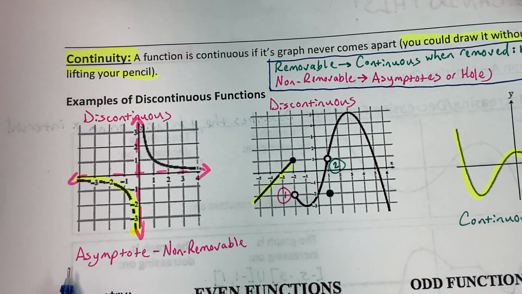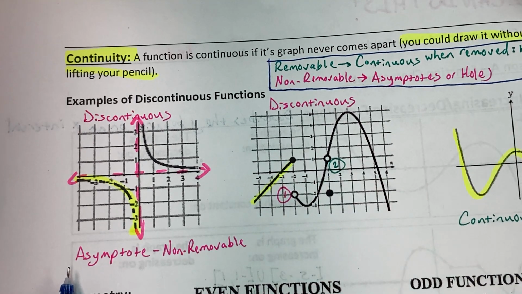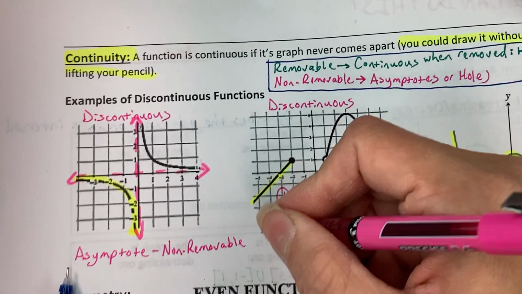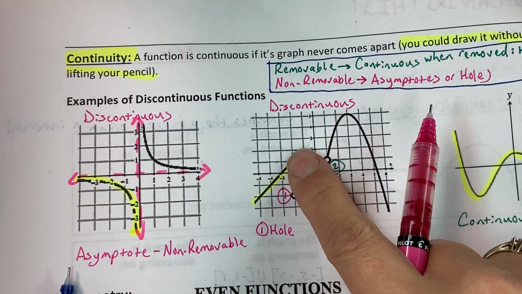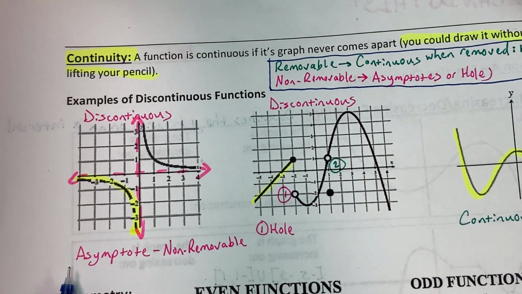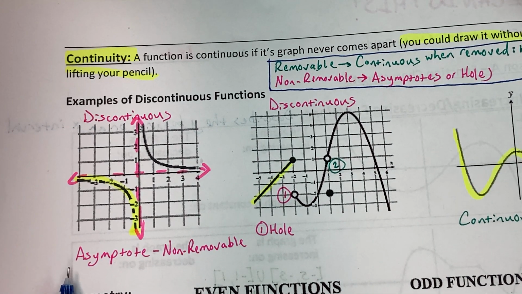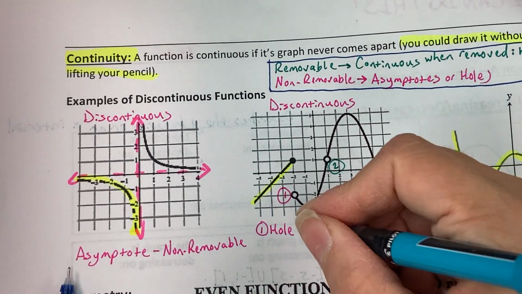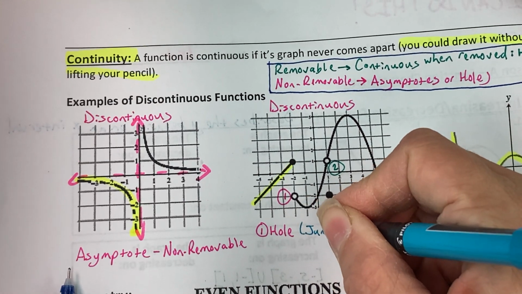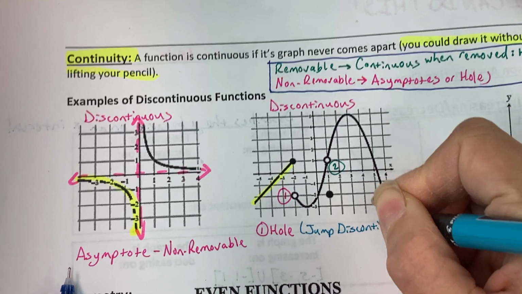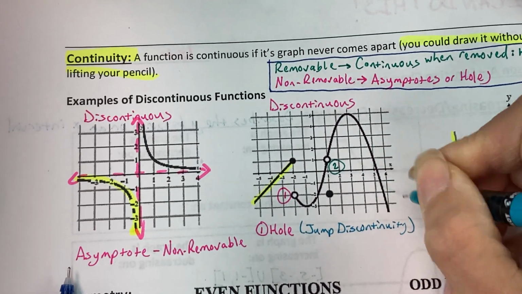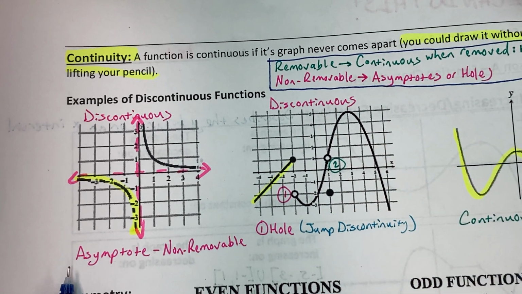So we're going to classify these two different discontinuities. The first one is a hole or an open dot. And this one we classify as jump discontinuity. And jump discontinuity is very common in piecewise functions. And it is always going to be non-removable.